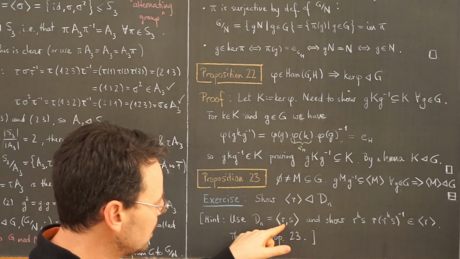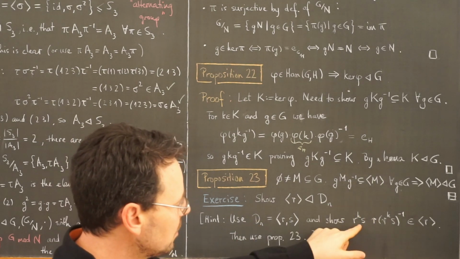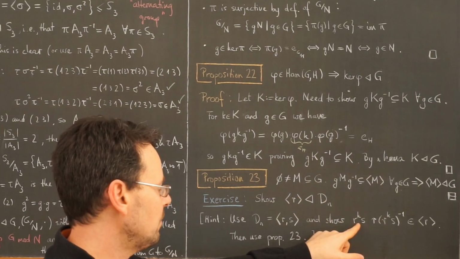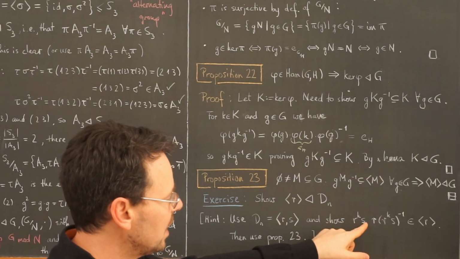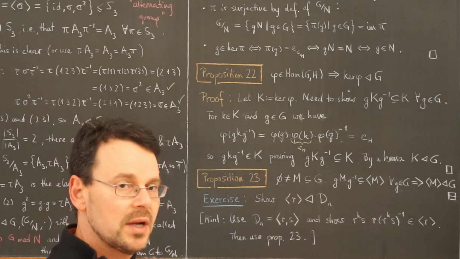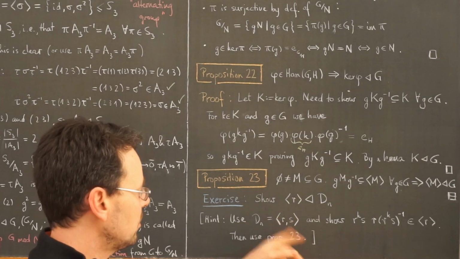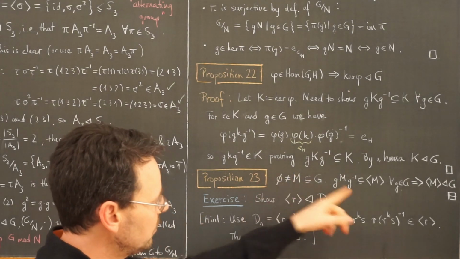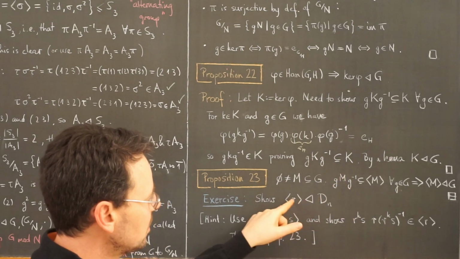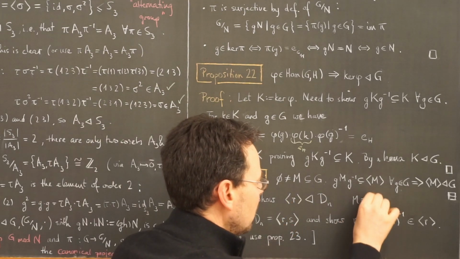And we showed that this means that every element of this group can be written like so: R to the k for some integer k, or natural number k, times s. And we do not need the powers of s, because s squared is already the identity. So to give you the idea of the proof, we use this proposition here. M, in this case, is the singleton set consisting of only R.